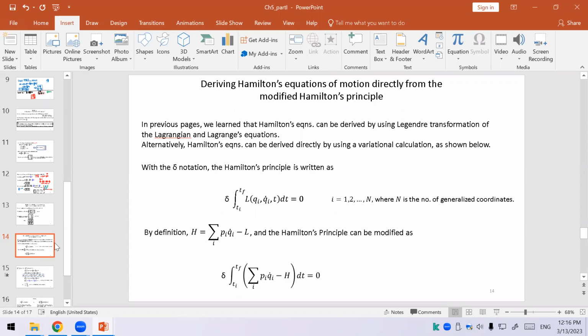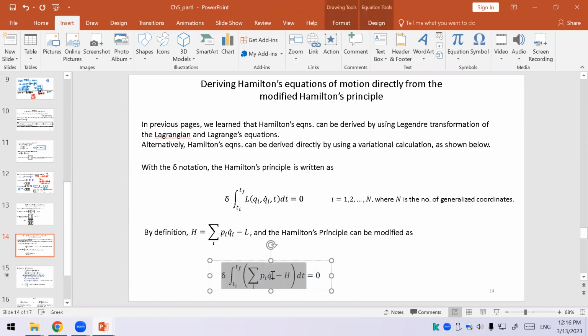So how do we get the Lagrange equation? The Lagrange equation comes from this variational calculation. But now we don't start with this, we start with this. You see that this integral contains the Hamiltonian instead of the Lagrangian.